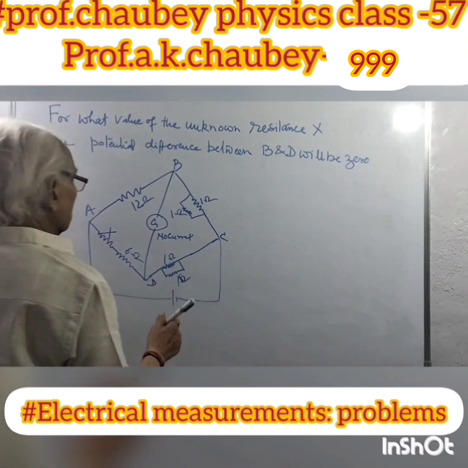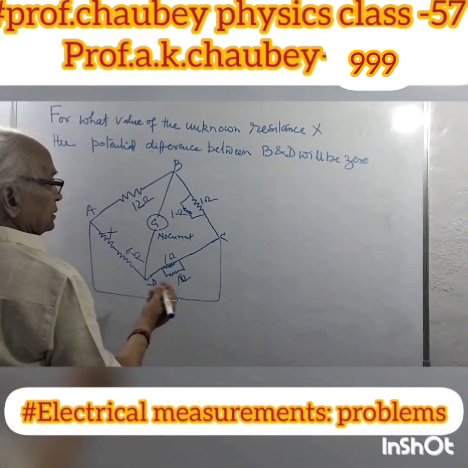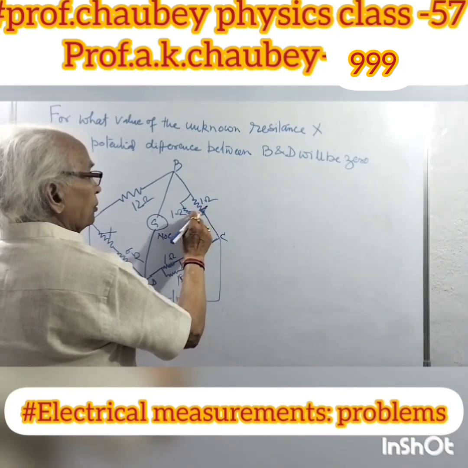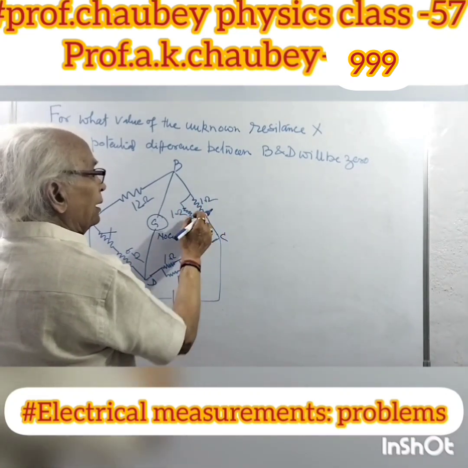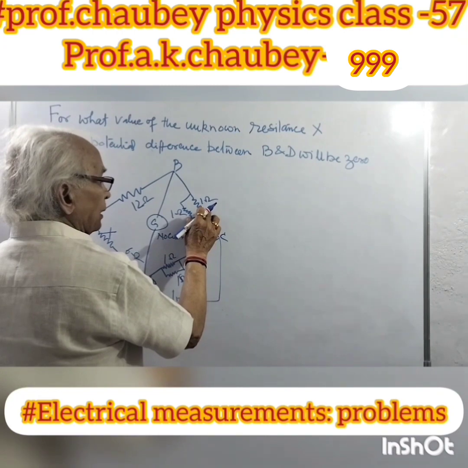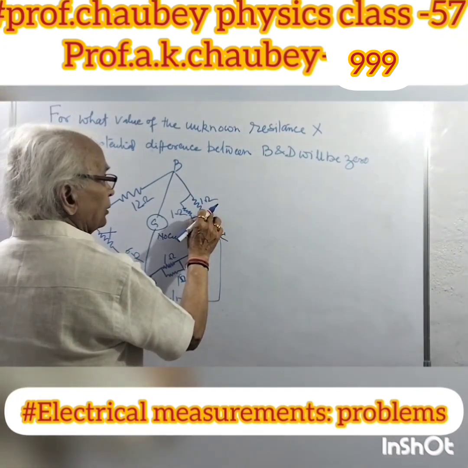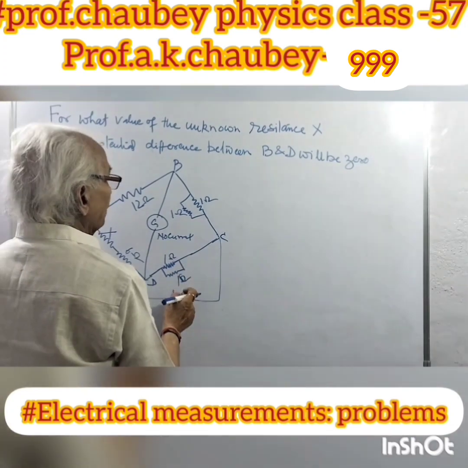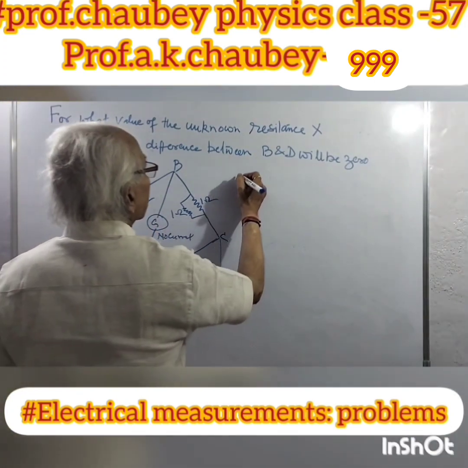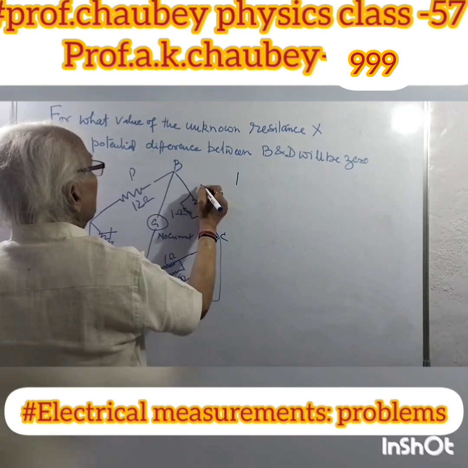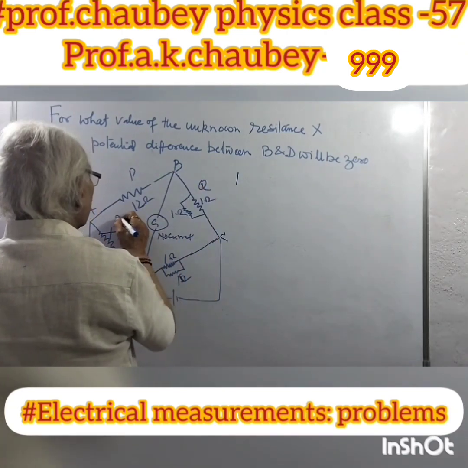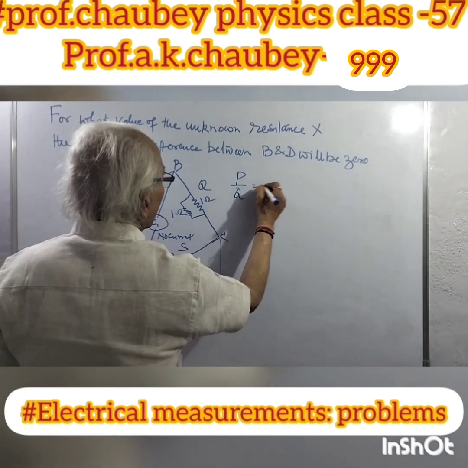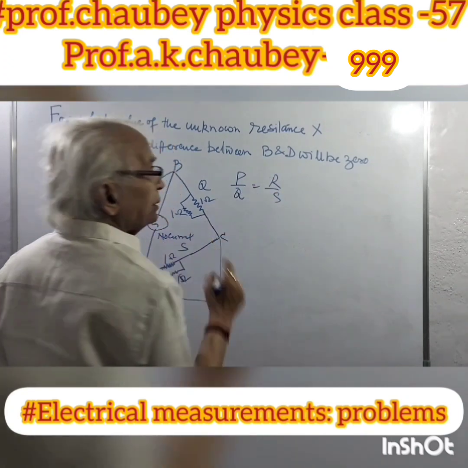So you can find out what X should be just from P over Q equals R over S. These are 1 ohm and 1 ohm, two resistors in parallel. Applying the law of parallel combination of resistance, the result will be 0.5. Here also 0.5. This is P, this is Q, this is R, this is S. P over Q equals R over S when the bridge is balanced.